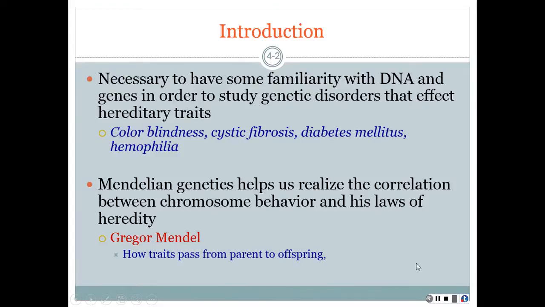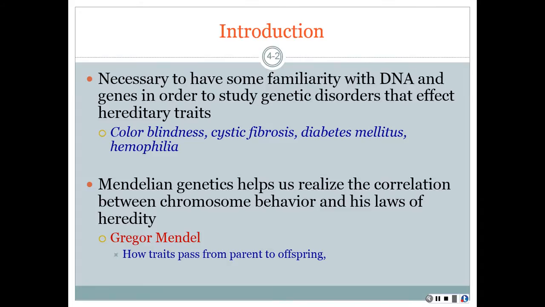Now, as we know, DNA and genes are extremely important in understanding various diseases such as diabetes, color blindness, cystic fibrosis.